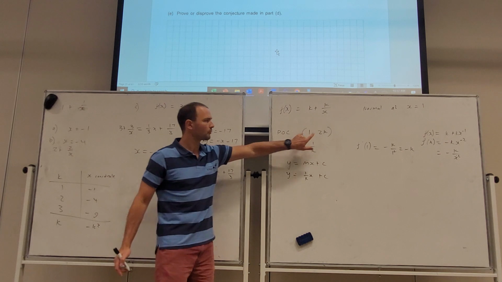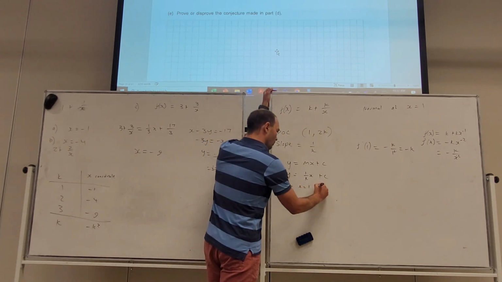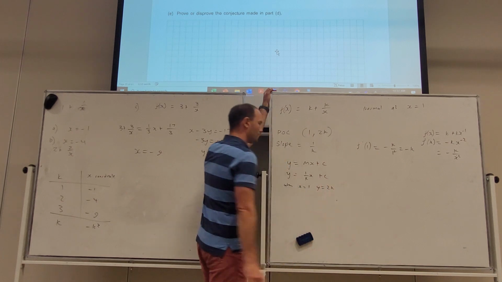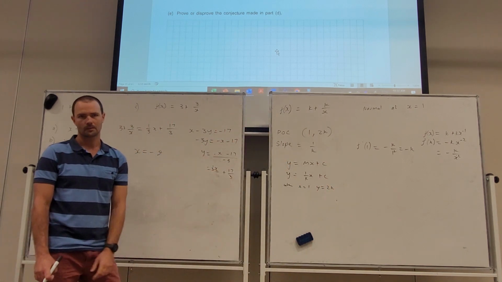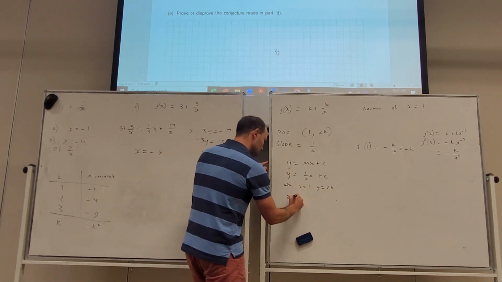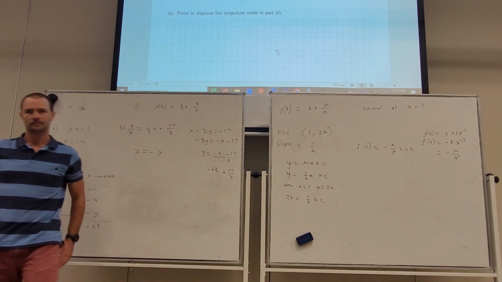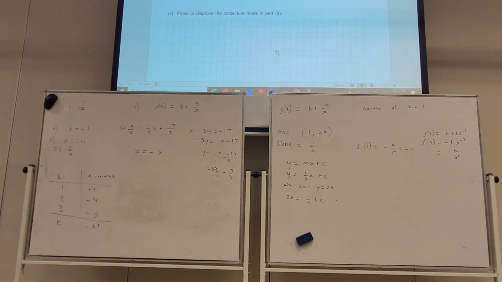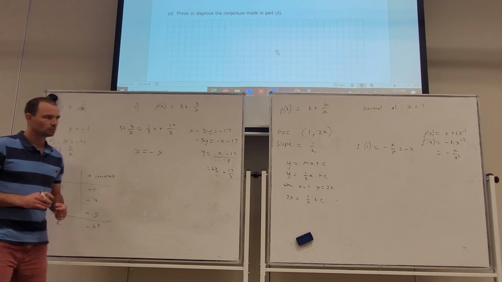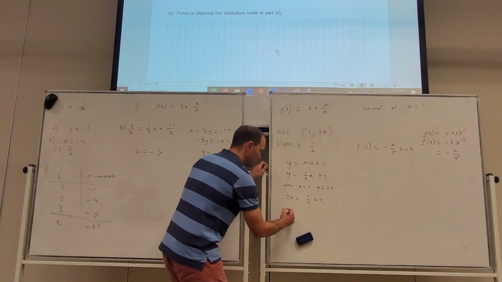And it passes through this point. When x is 1, y is 2k. So let's substitute that in. We're going to put the 2k where the y is. One on k times 1 is just 1 on k. All right, and then to get c by itself, we'll subtract 1 on k from both sides.